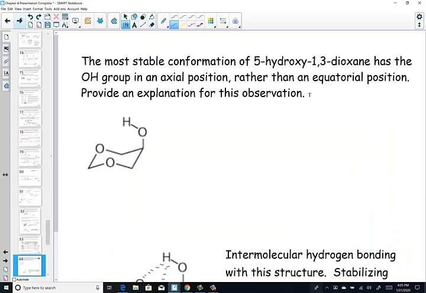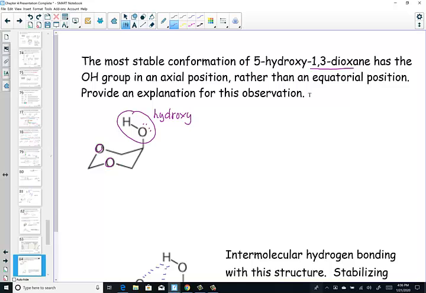I selected this question from your homework because it was a thinker. It asks for the most stable conformation of 5-hydroxy 1,3 dioxane. So, all right, there's a hydroxy group here. See this OH? And a 1,3 dioxane is just telling us that there are ether linkages in this particular structure.